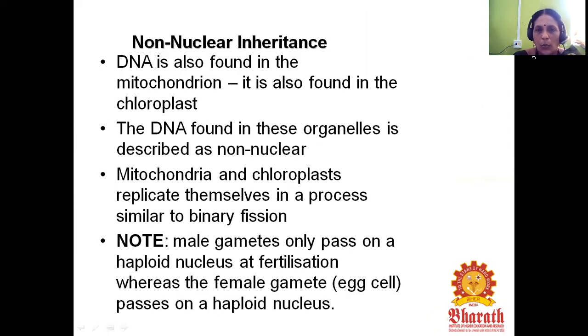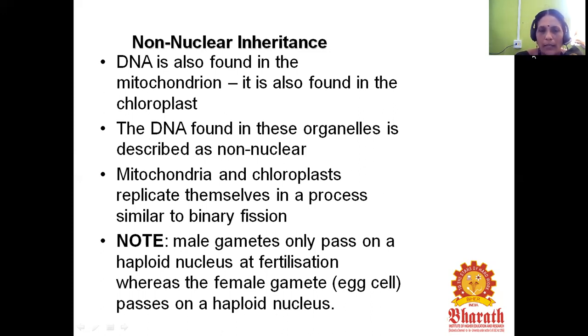Then there is non-nuclear inheritance. DNA is also found in the mitochondrion and in the chloroplast. The DNA found in these organelles is described as non-nuclear. The mitochondria and chloroplasts replicate themselves in a process similar to binary fission.